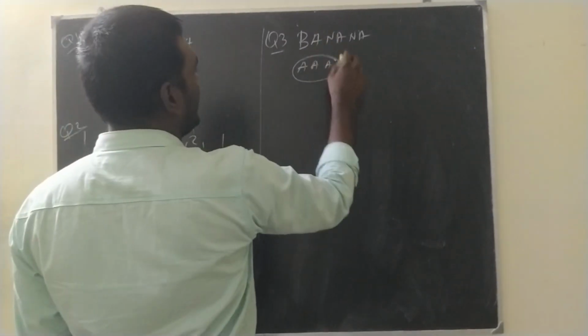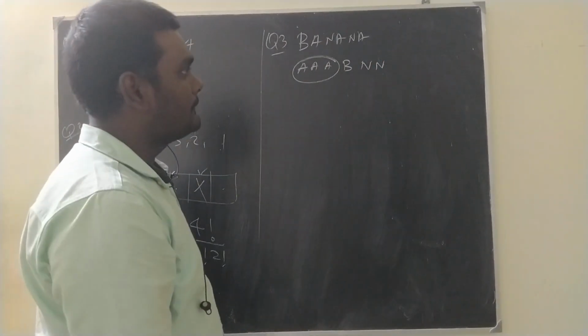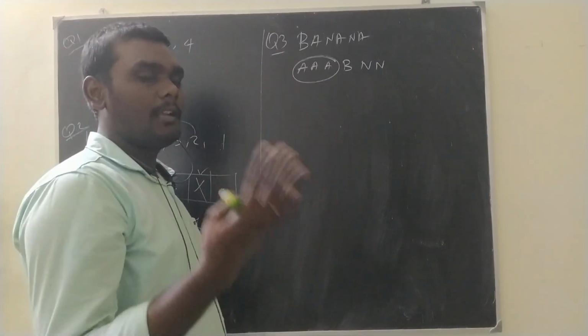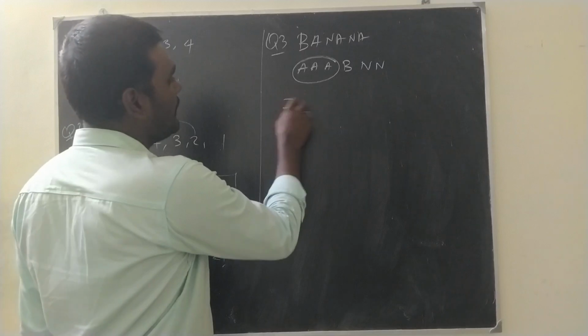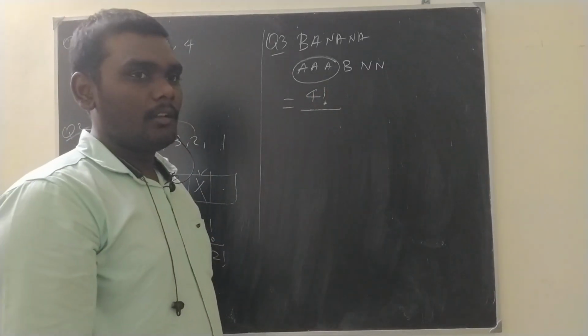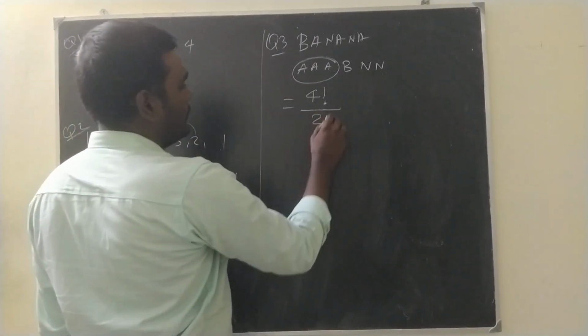And then the remaining B, N, N. So now how many things are there? 4. These 4 things taken all at a time, how many ways can they be arranged? 4 factorial divided by 2 factorial. That's all.